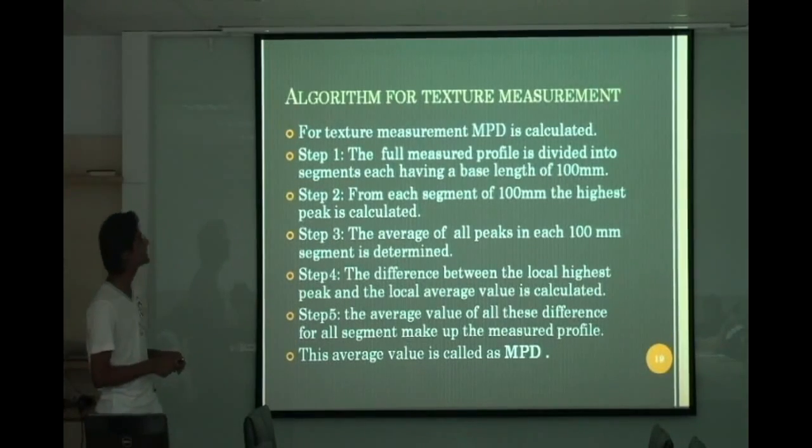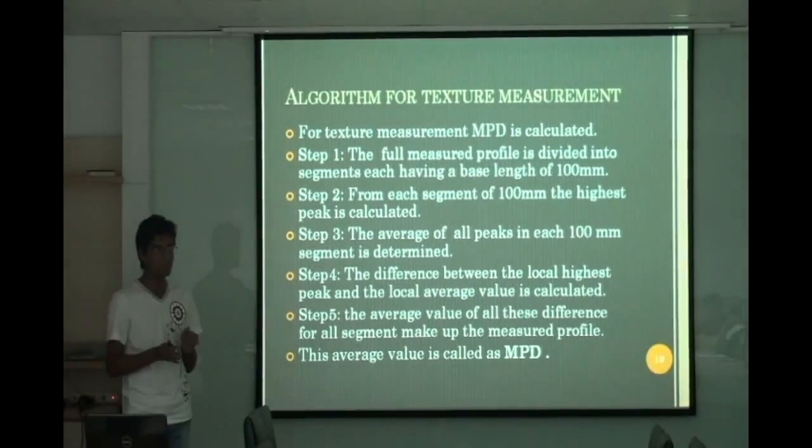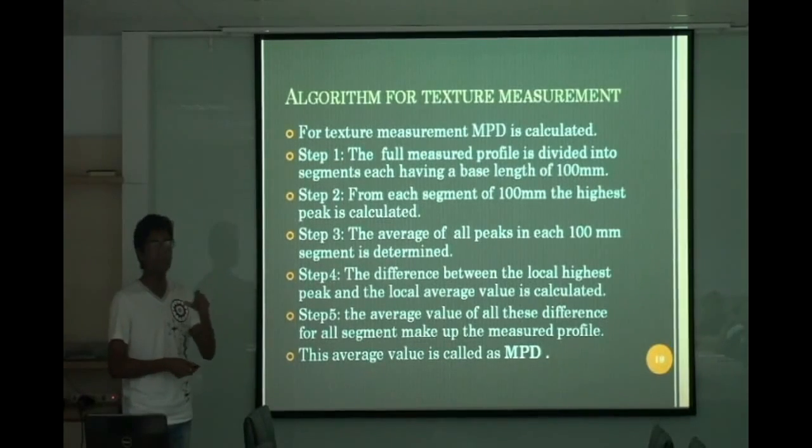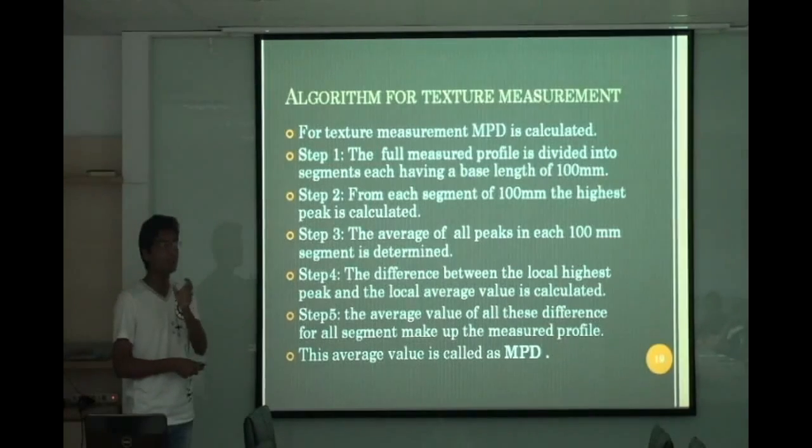So, the algorithm for texture measurement. First of all, we will divide the whole profile into segments of 100 mm. The second step is to calculate the highest peak in each 100 mm segment. The third step is that we take the average of all the peaks in the 100 mm segment.